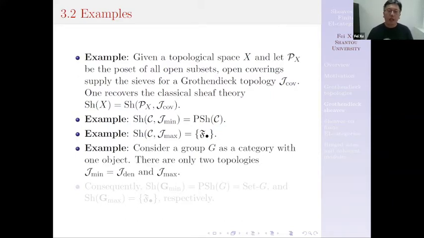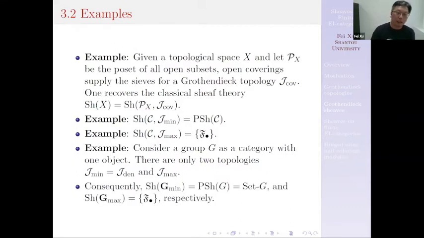Now, if the category is a group, consider a category with one object, then you realize that there are only two topologies. The minimal topology is the same as the dense topology. Under the circumstance, you either get the category of G-sets or you get this trivial category.